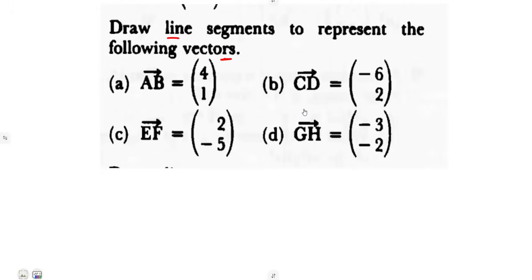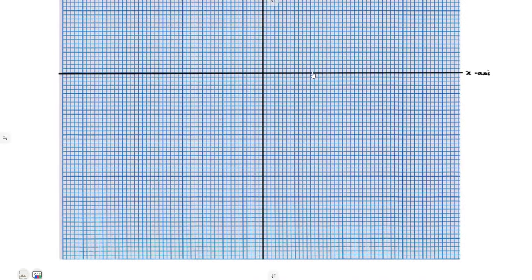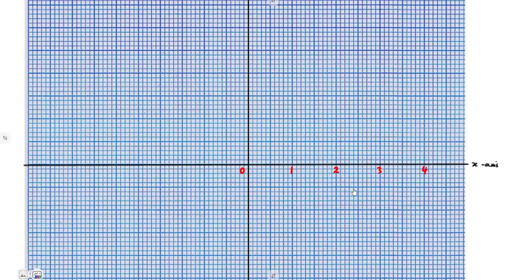I want to represent these vectors on this sketch that I'm having here. So let me just try and see if it's going to fit. I'm just going to use this 1, 0, 1, 2, 3, 4. Do we have something like 5? We've got -6. Oh, why am I changing the scale? It's not going to fit.